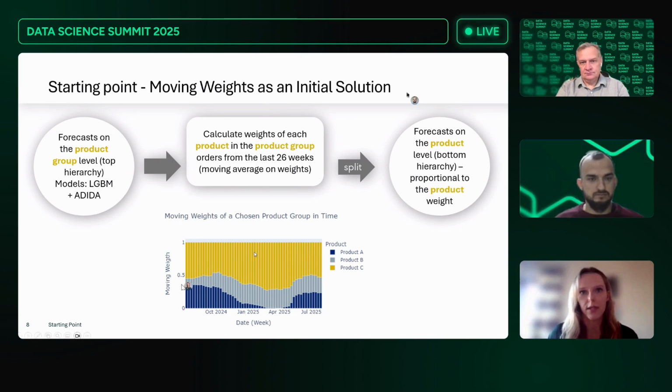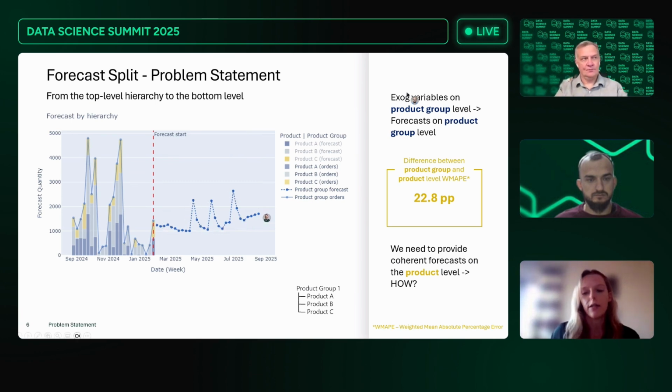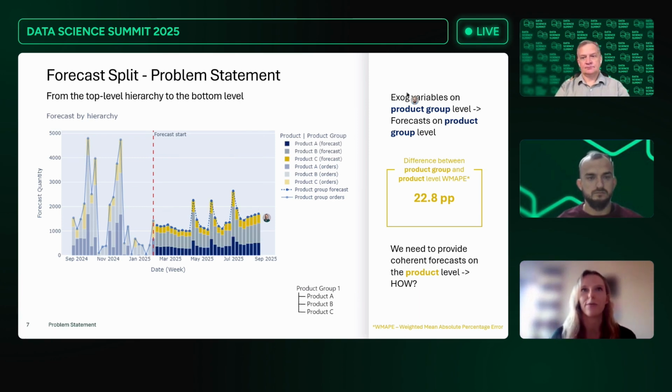So these are models that were used to generate the forecast on the product group level, so this higher level. And for the split, there were these methods that we showed in the presentation.